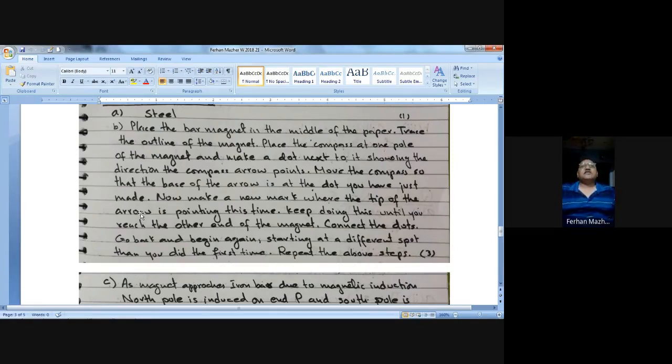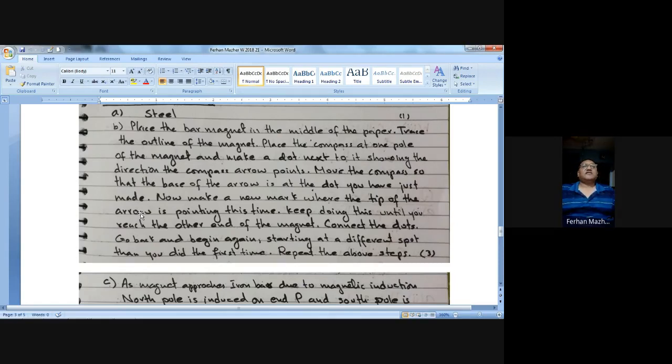Place the bar magnet in the middle of the paper. Trace the outline of the magnet. Place the compass at one pole of the magnet and make a dot next to it showing the direction the compass arrow points. Move the compass so that the base of the arrow is at the dot you have just made. Now make a new mark where the tip of the arrow is pointing this time. Keep doing this until you reach the other end of the magnet.